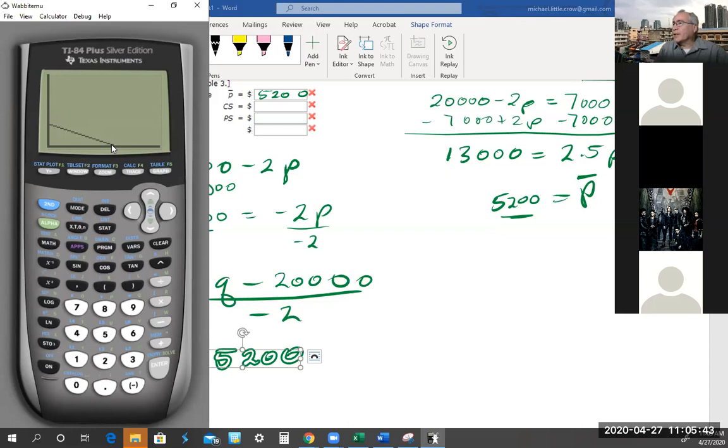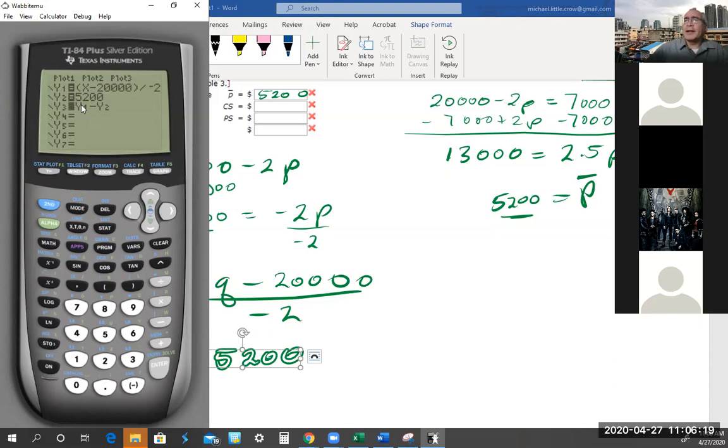Let's see. What did I forget to do? There's something I forgot to do. Does anyone know what I forgot to do? To lower and upper. Very good. I need to find the point of intersection, which maybe we did, 5,200, but I need to find the Q value of the intersection, right?